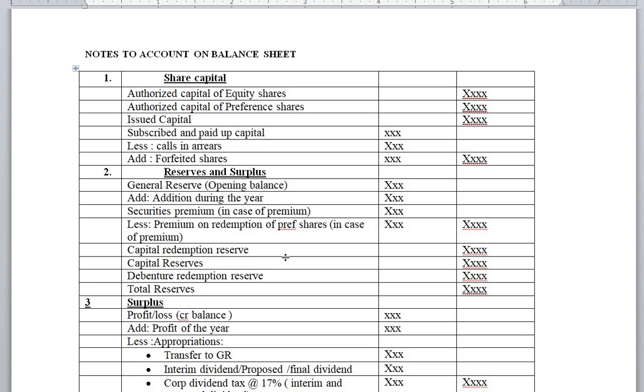And apart from general reserve, any other reserves given in the question will also be added, and the total reserve will be kept to be transferred there.